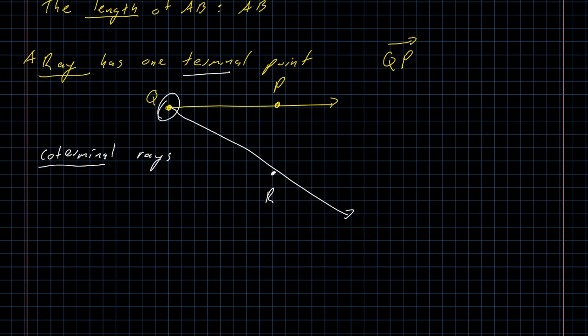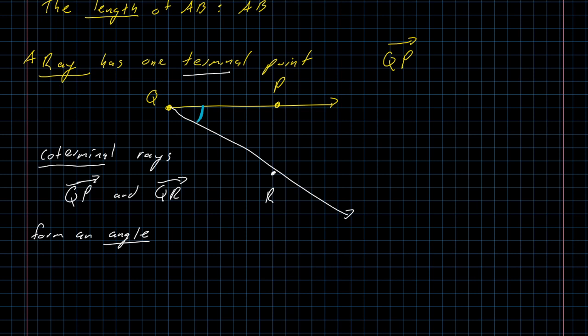The terminal point of a ray is the point where it stops, and I've drawn two rays here that stop at point Q. So QP and QR are two coterminal rays. Two coterminal rays form an angle. The space here, the way at which these two rays separate from each other, is called the angle.